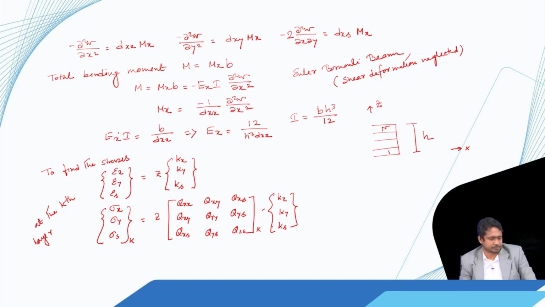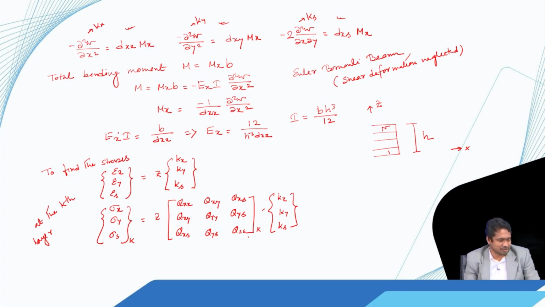Now, we can combine these equations. We can combine whatever kappas we have got. So, this is kappa x, this is kappa y and this is kappa s. From these equations we can get the kappas in terms of M x, and from here we can get the stresses in terms of kappas.